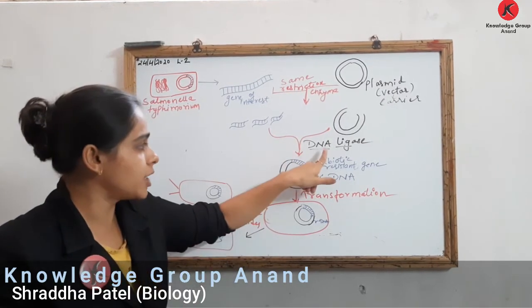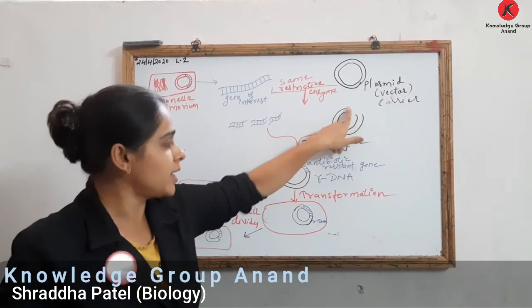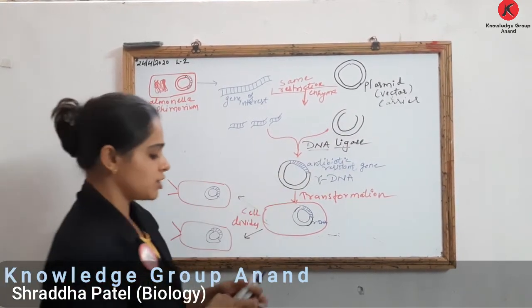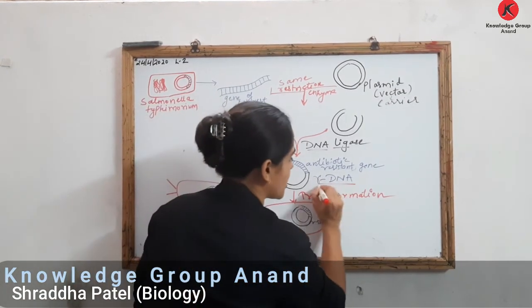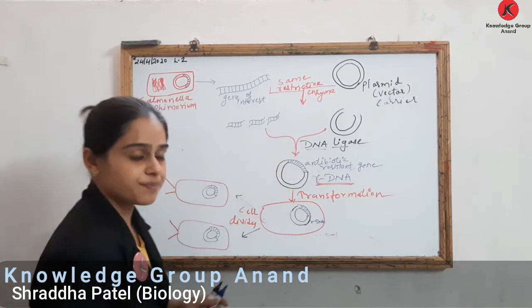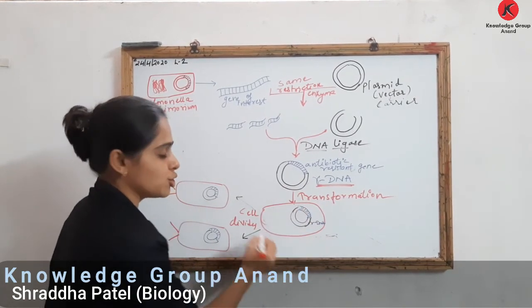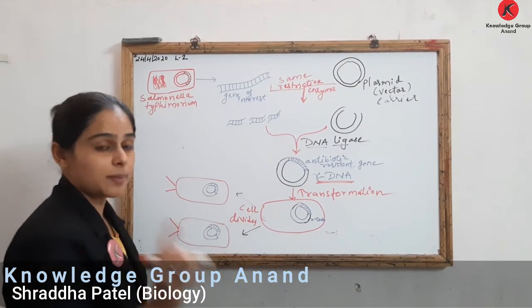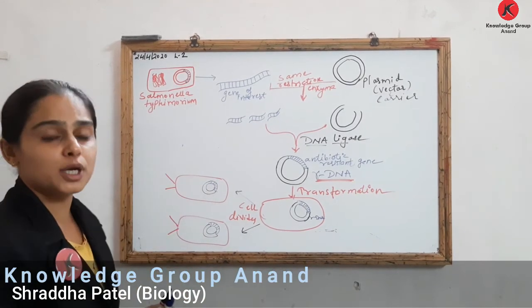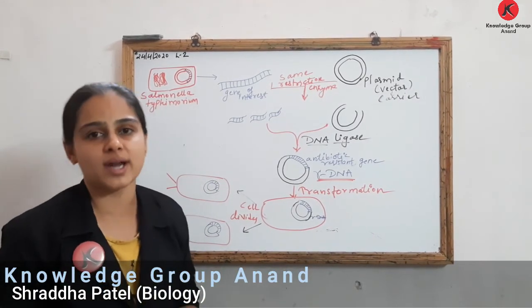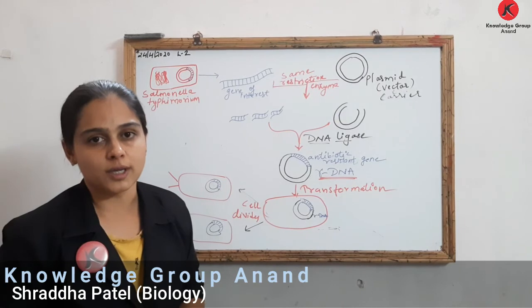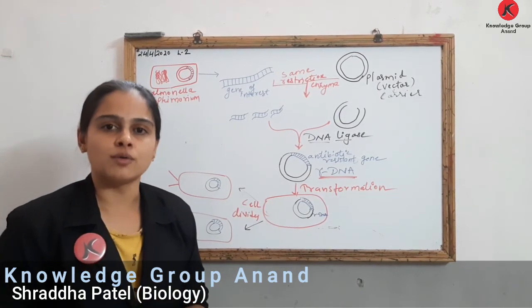You have to join them with DNA ligase. The DNA you get after joining is called your most important recombinant DNA. You are going to transform this recombinant DNA into E. coli, where it replicates to form multiple copies, and the process is called gene cloning. So this is all about your history.